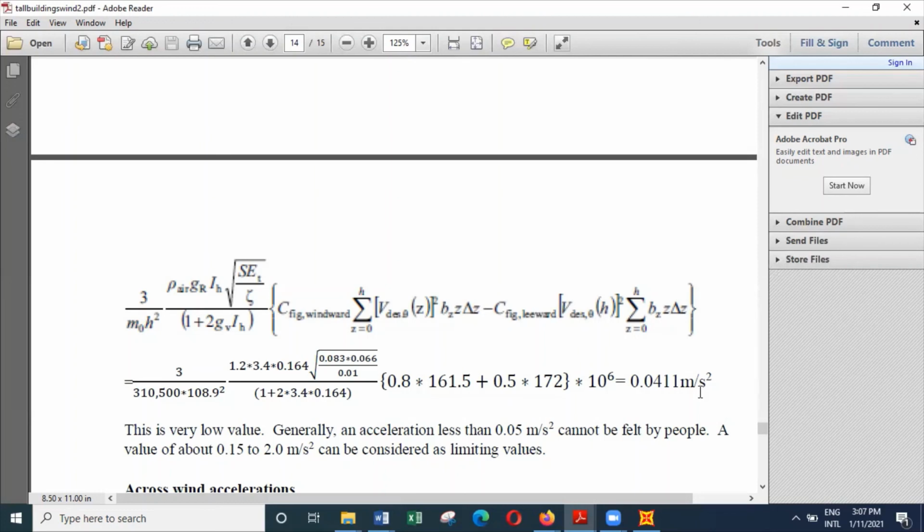So any questions on this? Any questions? So this is the way we calculate the wind-induced acceleration of a building. And these are all empirical formulae based.